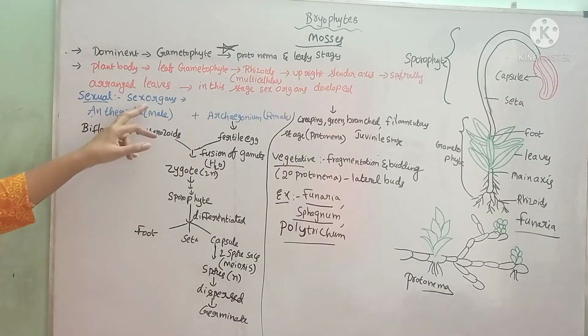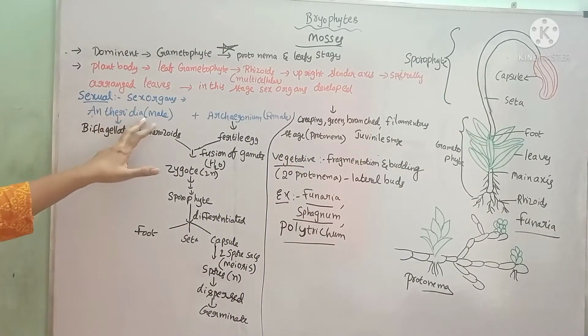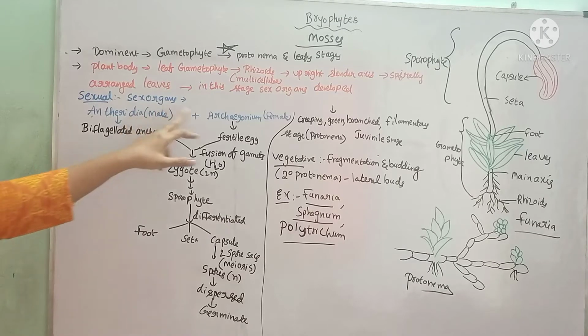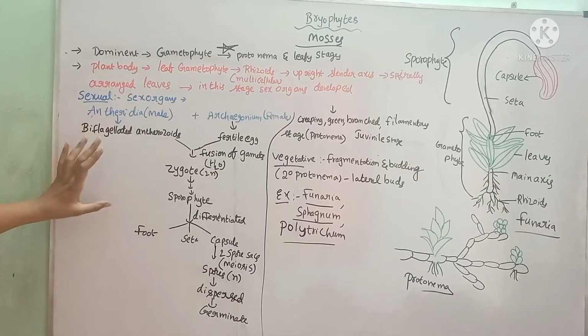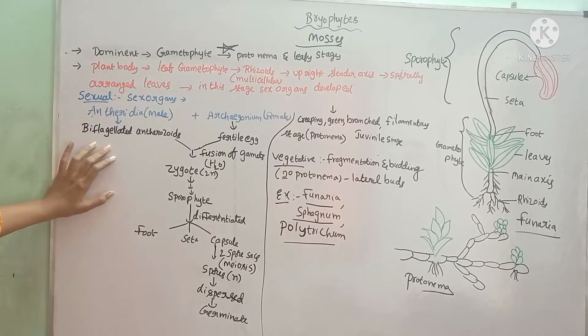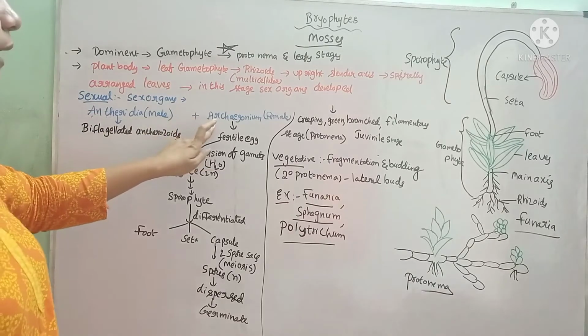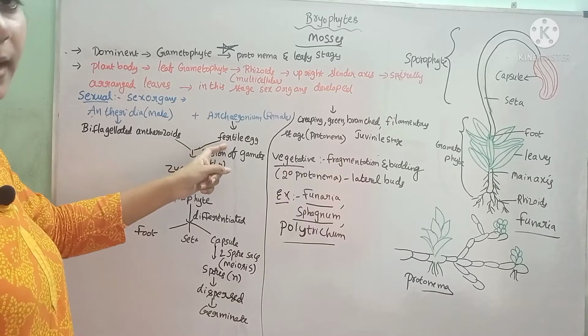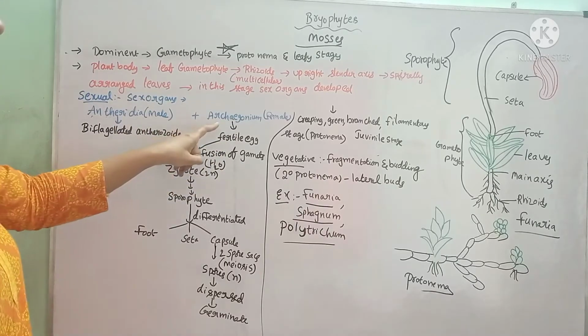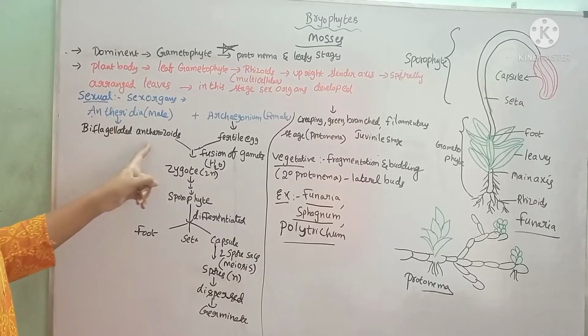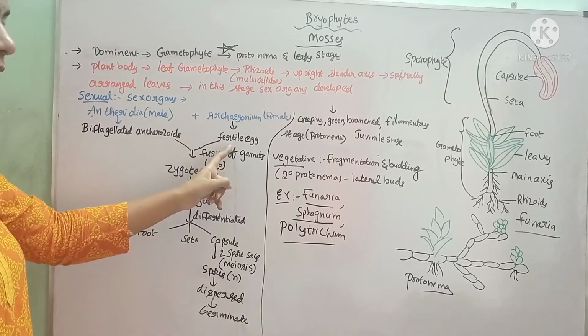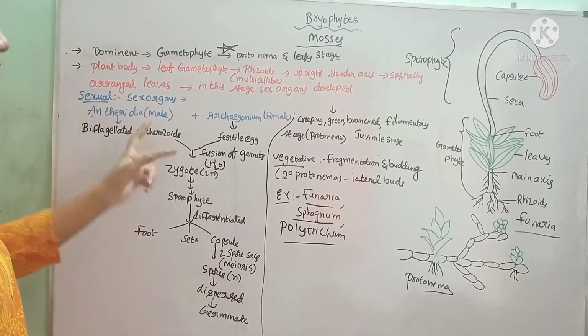What are the sex organs? We have already studied: the male sex organs are the antheridia and the female sex organs are the archegonia. Inside the antheridia, biflagellated antherozoids develop, and inside the archegonia, a fertile egg develops. The male gamete is the antherozoid, the female gamete is the egg.